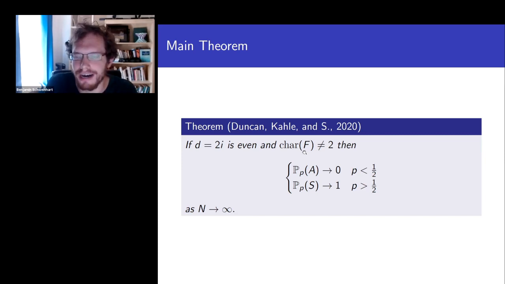This is where we took formal sums of plaquettes, with some coefficients in some fields. So here we're going to require that the characteristic of our field doesn't equal 2, for reasons I will elucidate later. So in that case, we can show that the probability that we get no giant cycles goes to 0 if P is less than 1/2, and the probability we have a basis of giant cycles goes to 1 if P is greater than 1/2.